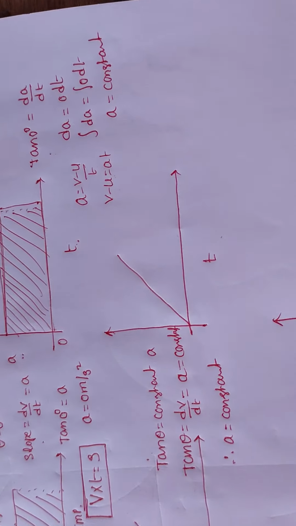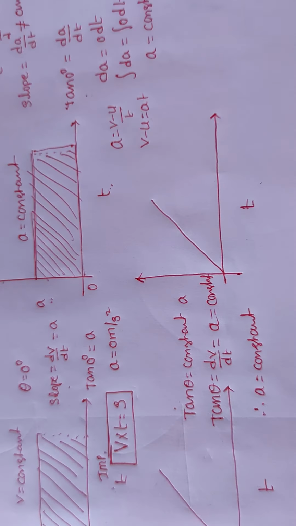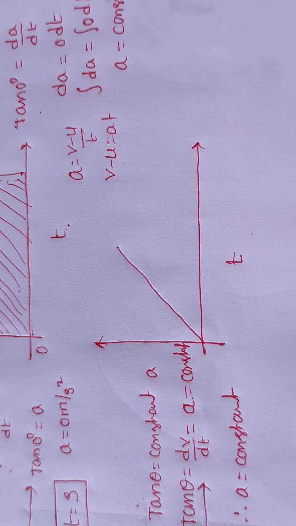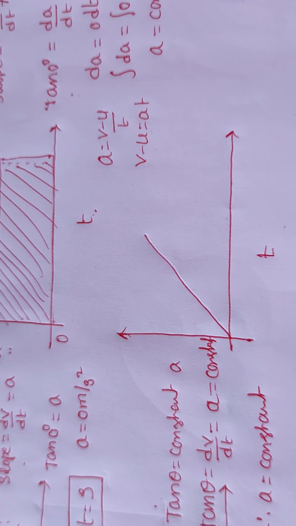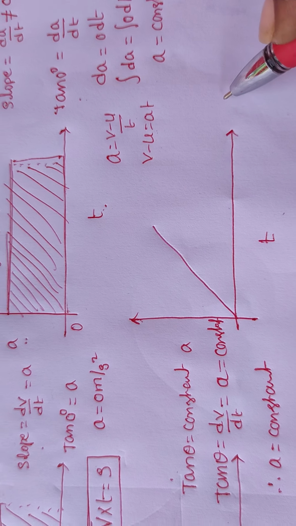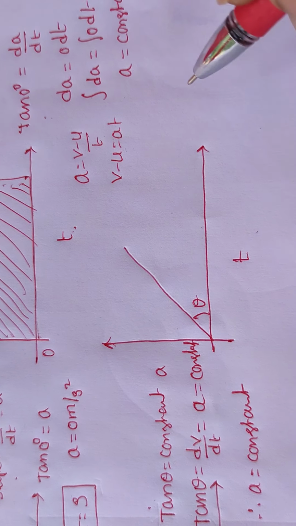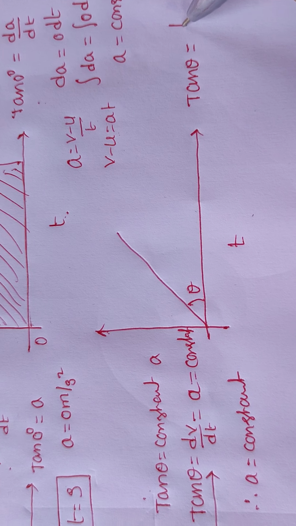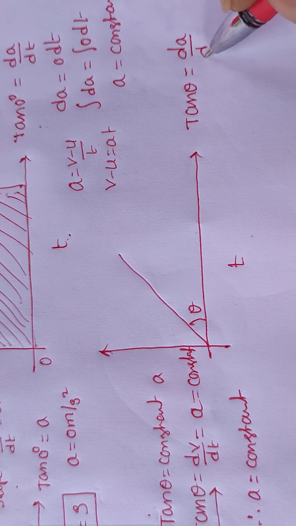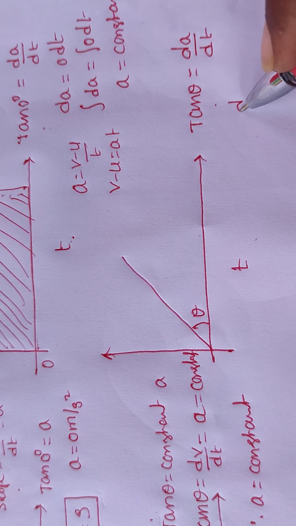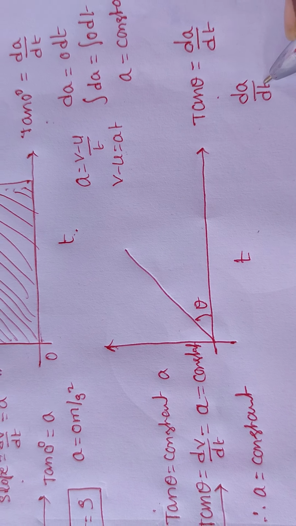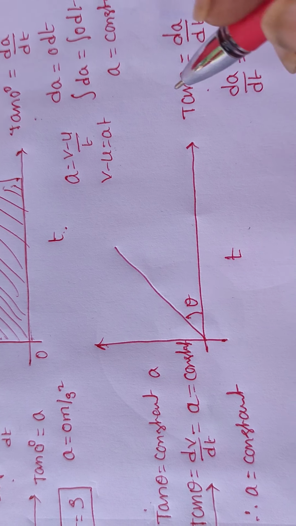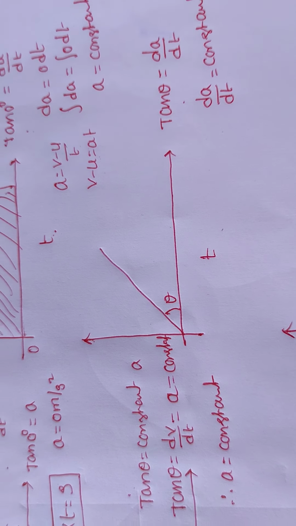In the third condition, you have to identify the acceleration time graph slope as a straight line from origin. What does that slope represent? Here theta is fixed, tan theta equals dA by dt. Here dA by dt is a constant value, but there is no formula.